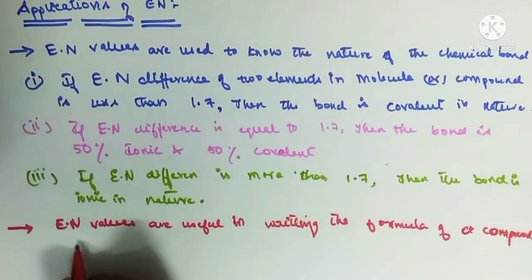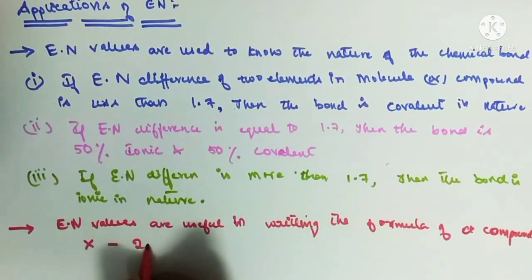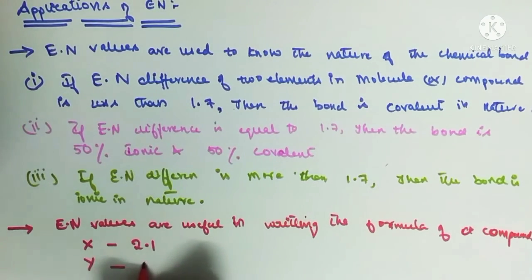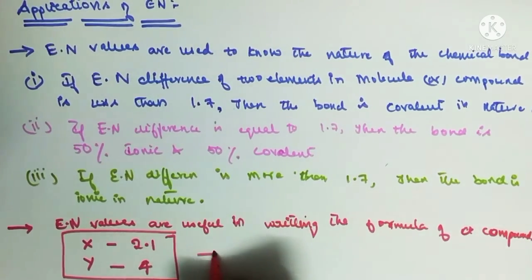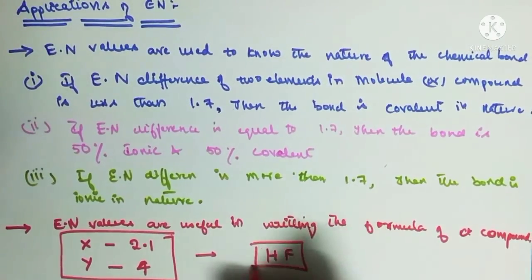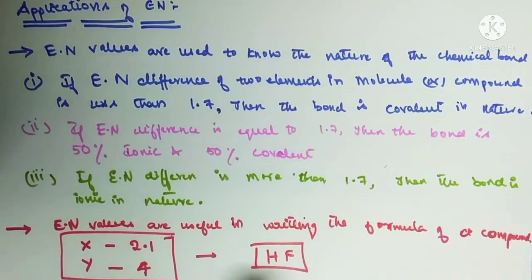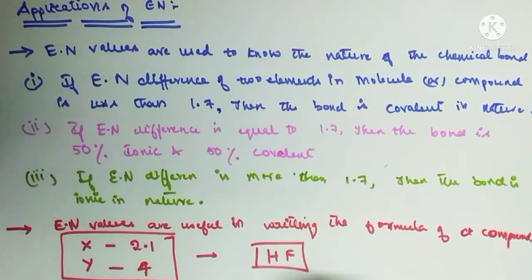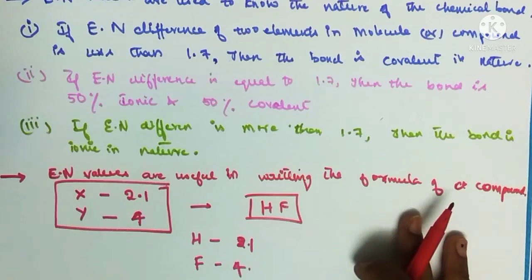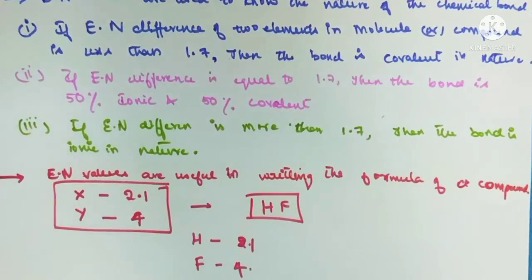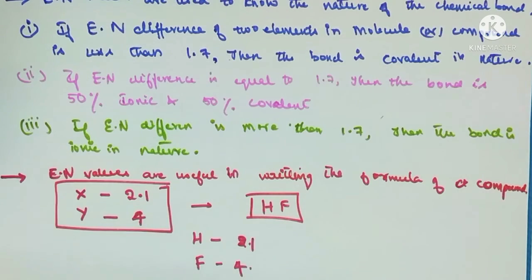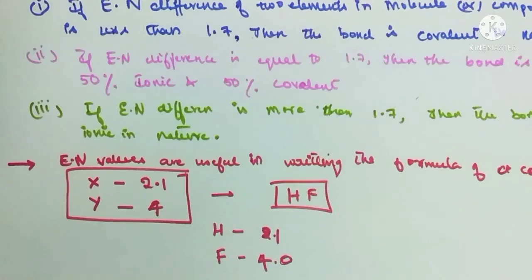If they give the electronegativity value of an element X as 2.1 and element Y as 4, then the formula would be HF, because the electronegativity value of H is 2.1 and that of F is 4. By this we can easily find out the formula of a compound, and we can also find whether an element is a metal or non-metal through the electronegativity values.